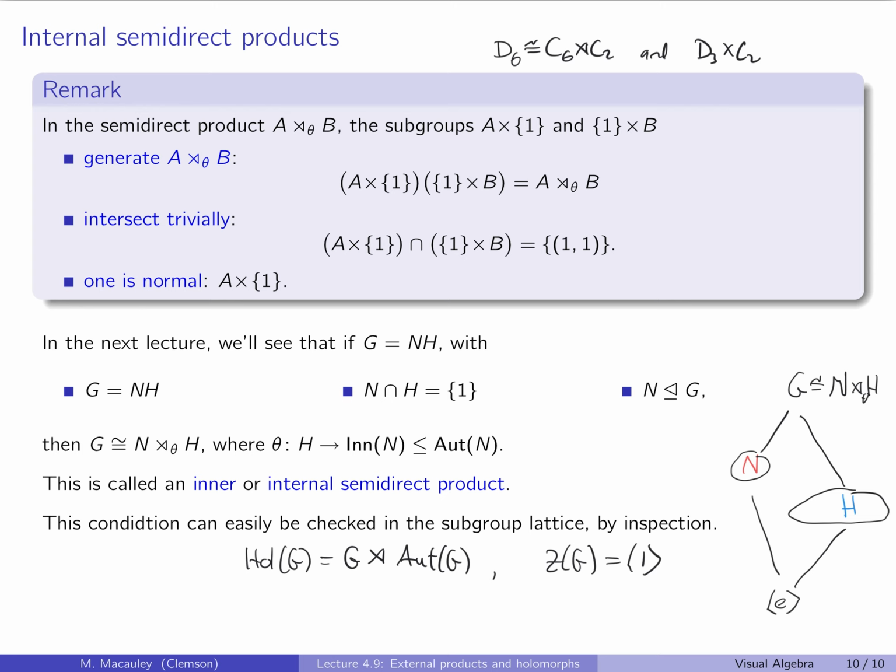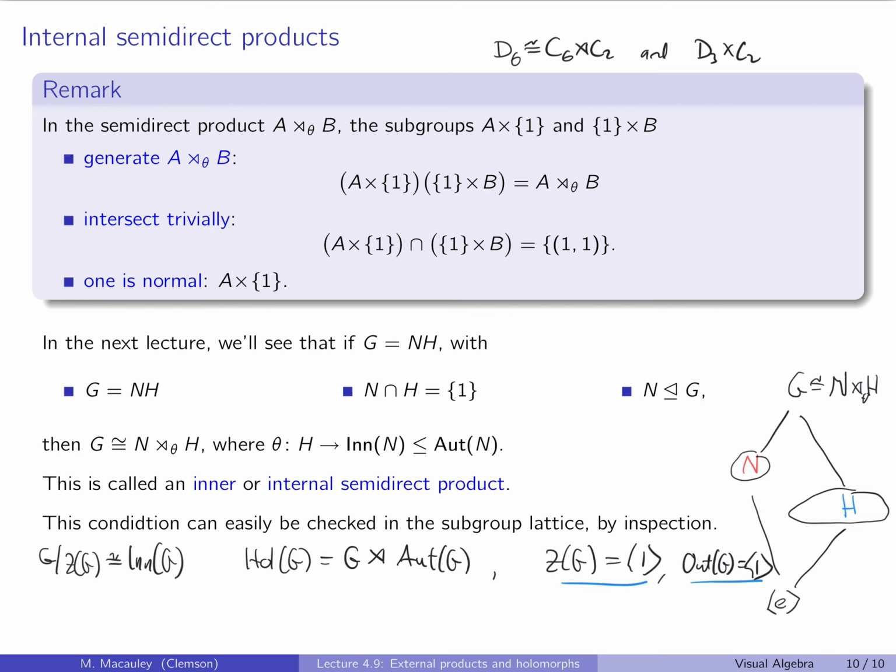What that means is that in particular G mod the center is isomorphic to the inner automorphism group. Remember that? So that means that every element in G gives rise to a unique inner automorphism. So suppose that the center is trivial, but also suppose that the outer automorphism group of G is trivial as well. So suppose that both of these conditions hold.